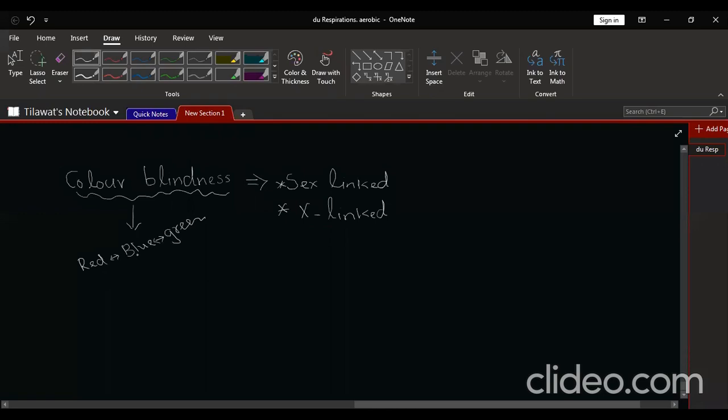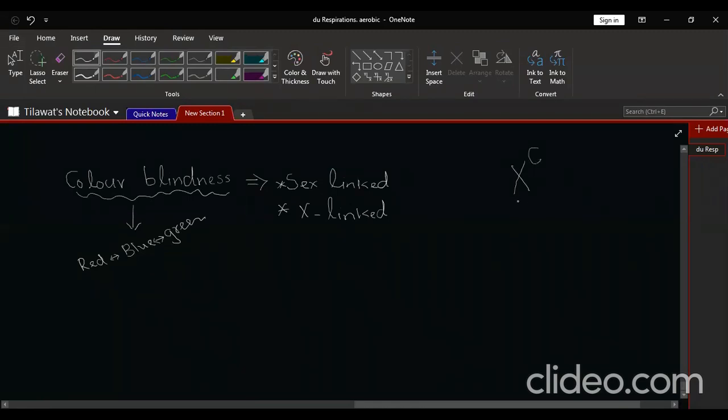And in that cell there is a specific gene, and if a mutation happens in that gene, a person will have a problem in differentiation of colors, and that condition is called color blindness. Now let's suppose the normal gene for that is dominant.